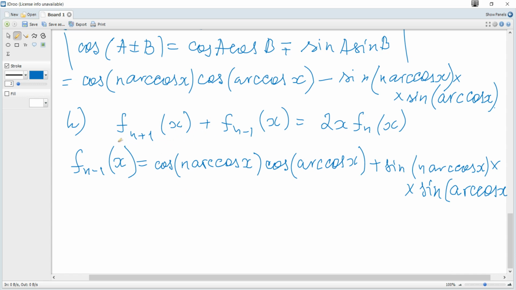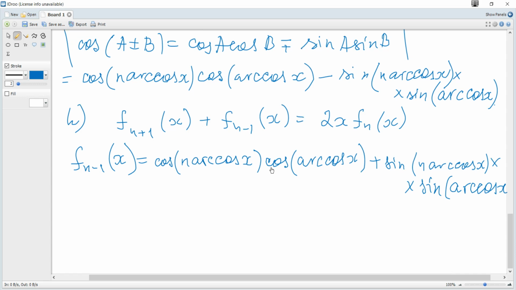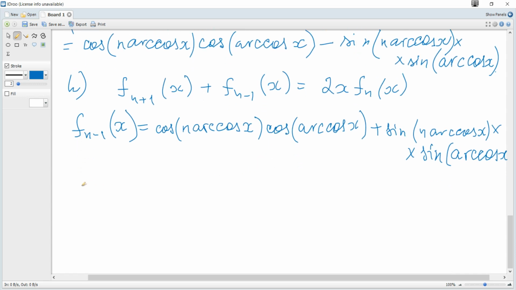And we need to consider f_{n+1} plus f_{n-1}, so it becomes f_{n+1}(x) plus f_{n-1}(x).